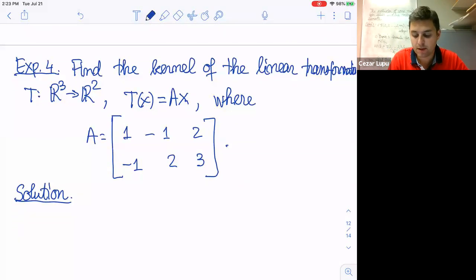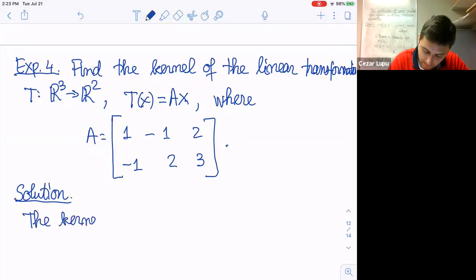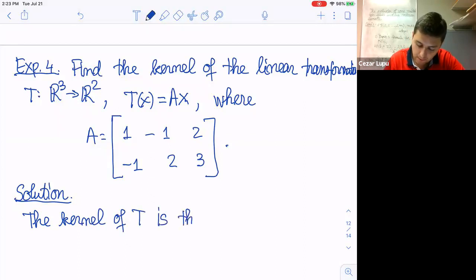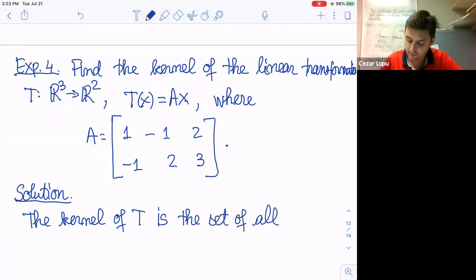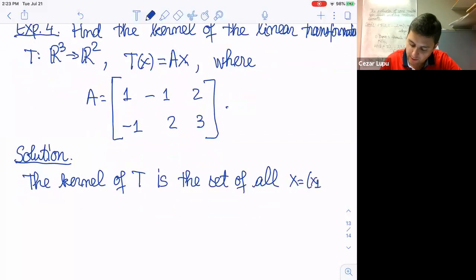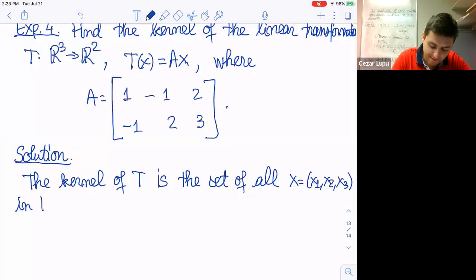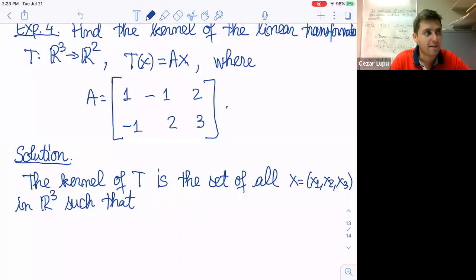Well, let's go to the definition of the kernel, right? Keep in mind that the kernel of T is the set of all vectors, let's say x = (x1, x2, x3) in R3 such that T of (x1, x2, x3) equals (0, 0).